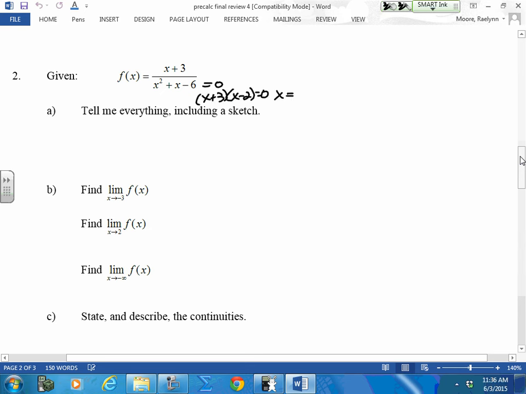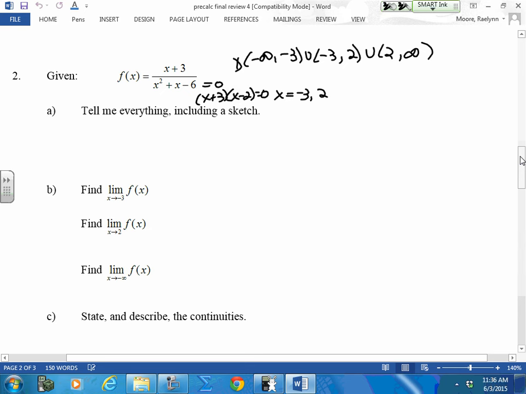So x cannot be negative 3 or positive 2. Agree? Because that'll make this thing go to 0. Won't work. So my domain says, okay, we go from negative infinity to negative 3, jump over negative 3, go to 2, jump over 2, and use anything else you feel like.